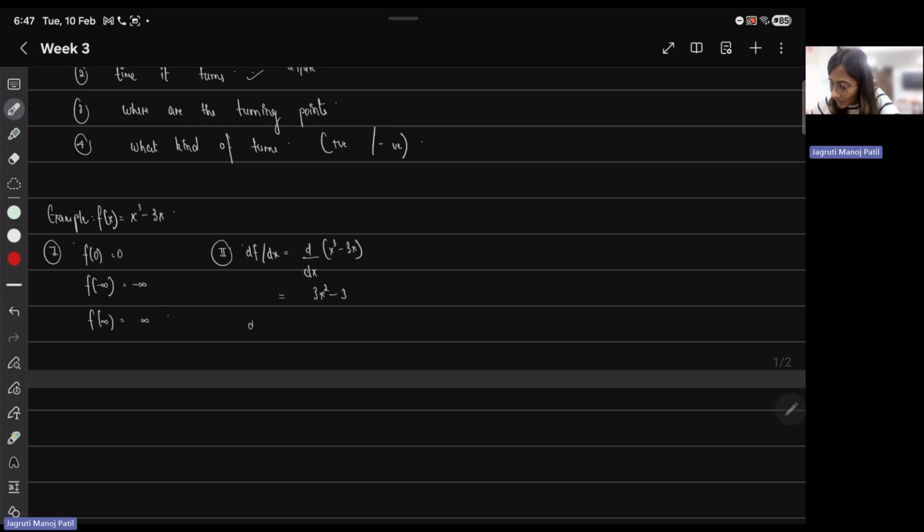Now you have to evaluate it at 0, so 3x square minus 3 is equal to 0. So you have x square minus 1 is equal to 0. You see that x can get two values here, either plus 1 or minus 1. People always tend to forget this minus 1, but bear in mind whenever you have a square term on the other side, you'll eventually take a square root.